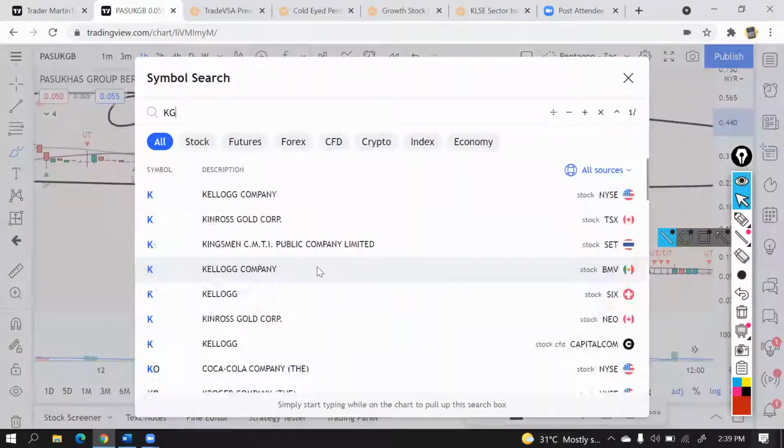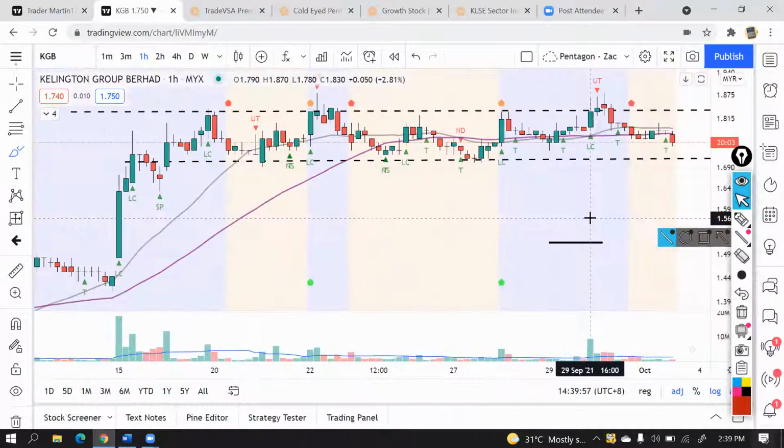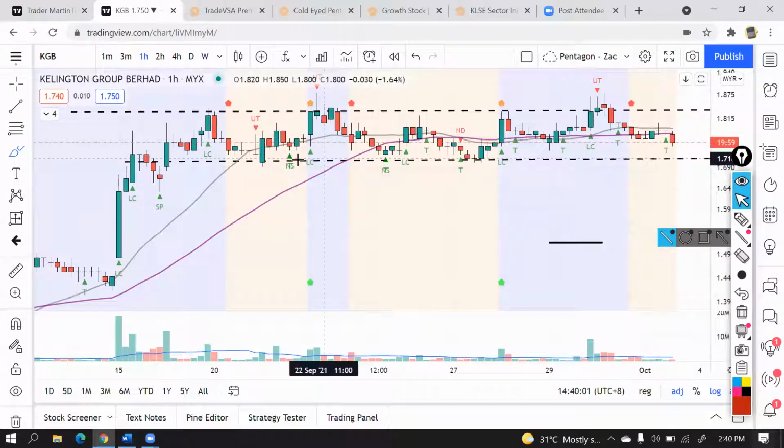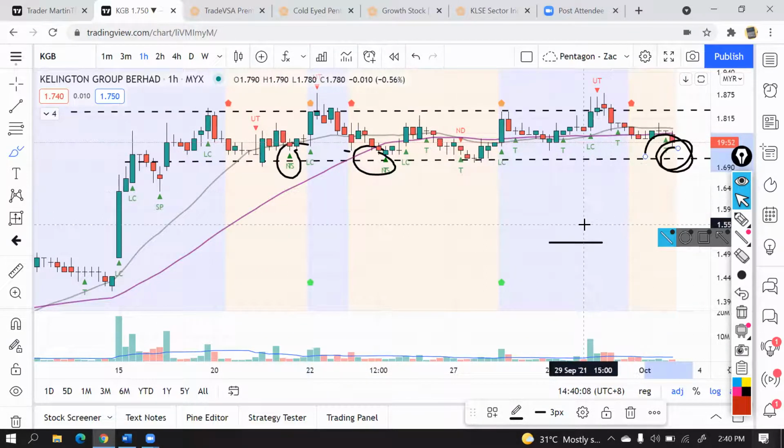So if I want to answer KGB right now, based on the hourly chart, it's still building around a good reaccumulation. But this is a support, and notice there are 2 NS, so be careful around this area. Hopefully I'm able to answer your questions.